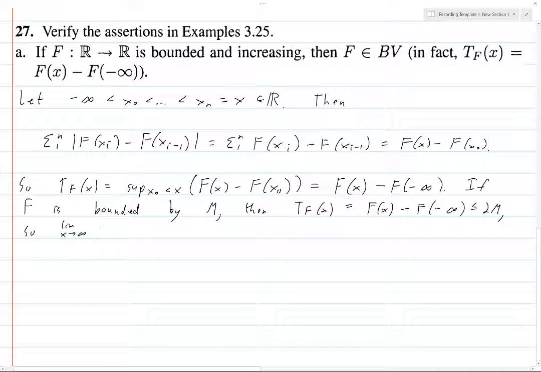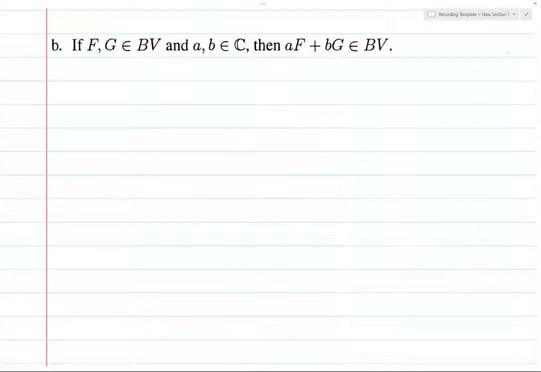But this holds for all x in R, so taking the limit as x goes to infinity, this is going to be less than or equal to 2M, which is strictly finite. Hence, f is in BV, because that's what it means. Alright, there's one.